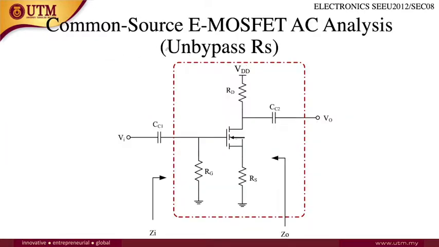So this is another example, which is the common source MOSFET AC analysis with unbypassed RS. It means that at the RS there is no capacitor located here, so it is an unbypassed RS. The input impedance is located here, and the output impedance is located here. So how to solve this?